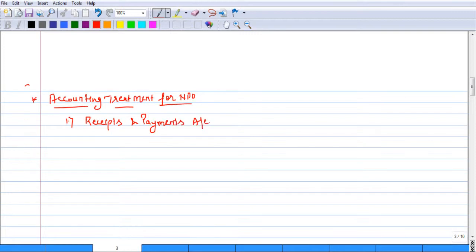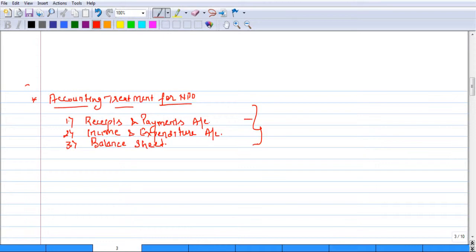Clear? This is the first thing that they need to prepare. The second thing is the income and expenditure account. The third thing is the balance sheet, as every other business makes, they also need to make a balance sheet. So these are the three things that the non-profit organization has to prepare: receipts and payments account, income and expenditure account, and the balance sheet.